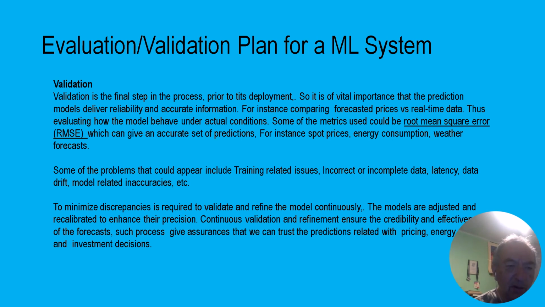There could be some data drift and other model inaccuracies. To minimize this discrepancy, we need to validate and refine the model on a continuous basis. The models are adjusted and recalibrated to enhance their precision.